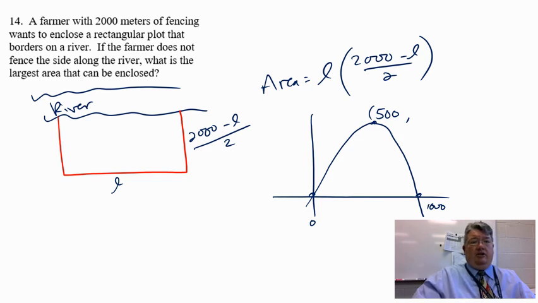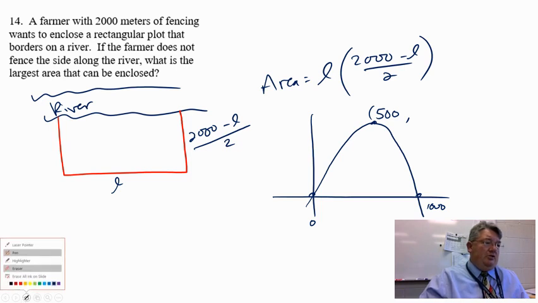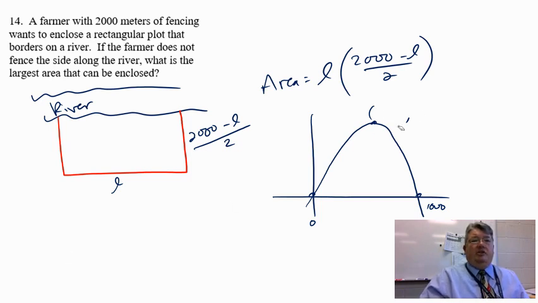Oh, no, I lied. Sorry. I'm going to erase that. The boundary is not 1,000 here. It's 2,000. Oh, yeah, duh. Because it could be 2,000 wide, and it's just kind of a flat shape. Here's 1,000, and this is 500,000.